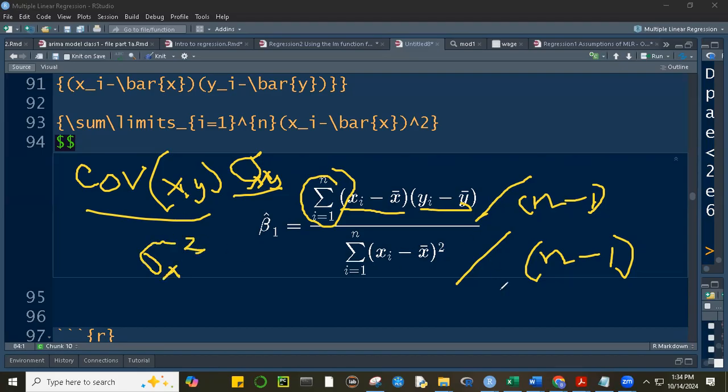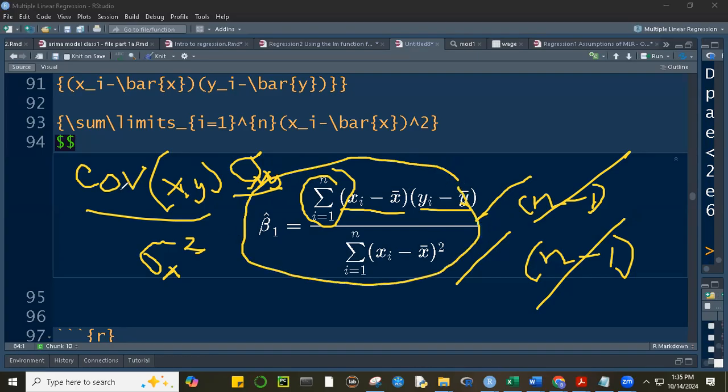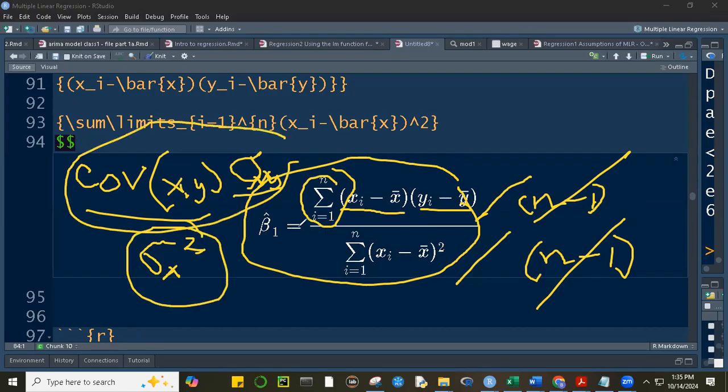Recall nyo lang sa basic stat, the formula for the variance is just x minus its mean squared, summation, divided by n minus 1. Okay, so this is the variance of x. Since we have the same denominator, pwede i-cancel ito, so you're left with this one. So this one, class, is actually the covariance of x and y divided by the variance of x. So that's the formula to get your slope, beta 1.